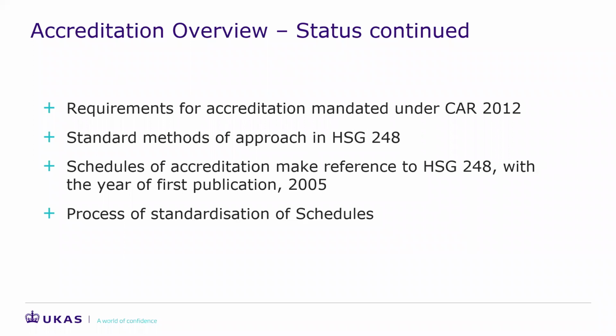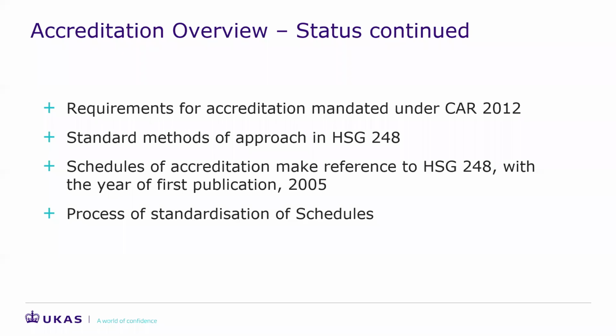Regarding schedules of accreditation, UKAS will accredit to the most recent or current version of a recognised method or statement. The presence of a date is not required, although for most of you, you will recognise 2005 is noted with regards to mention of the analyst guide. That said, UKAS does retain internal records of this.